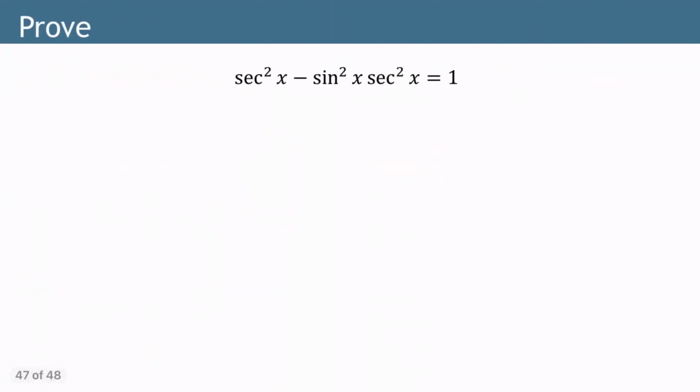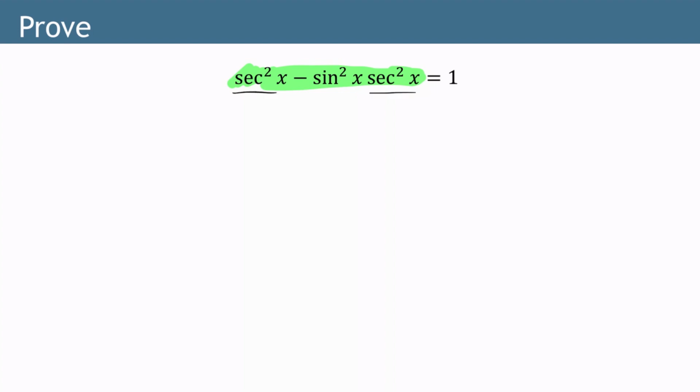All right, let's try this one a different way. The other way is I notice immediately, again working on the left because the left is definitely more complicated, so I'm going to work on my left-hand side. I do notice that both of these have a secant squared.